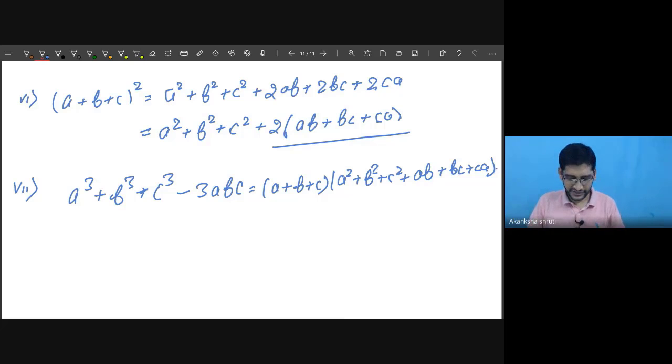This is the other identity. So these are the identities that can be used for factorizing.